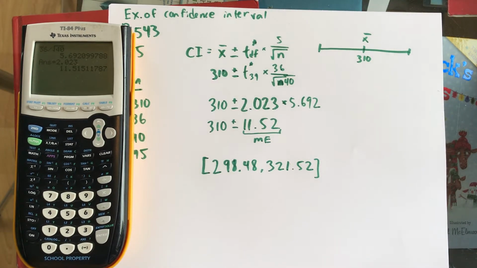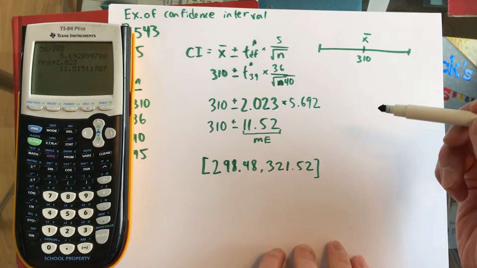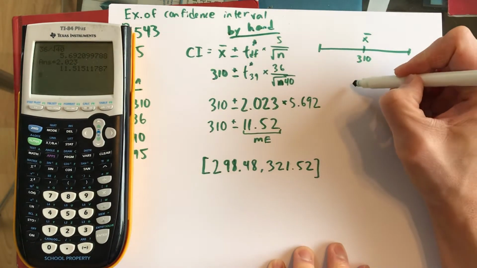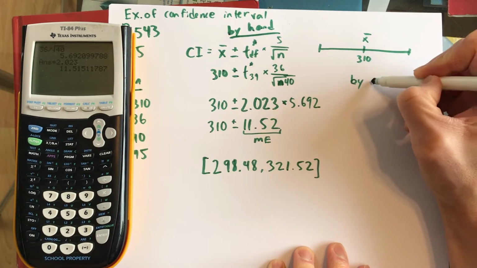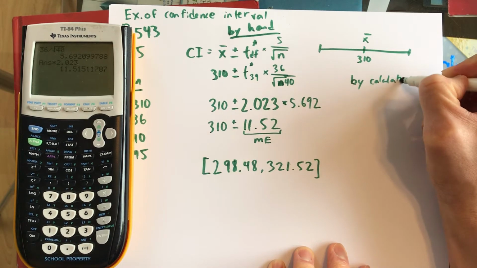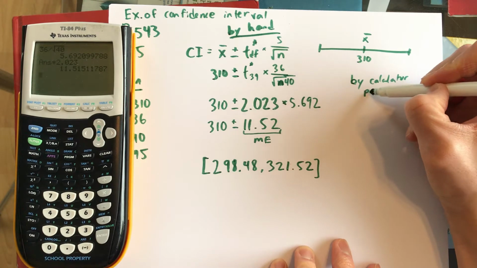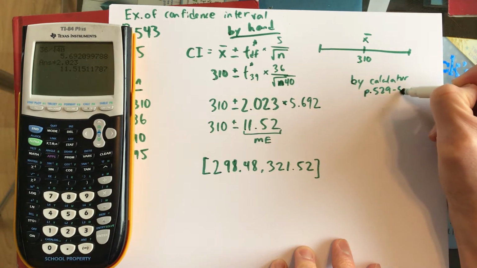Okay. So remember, this is by hand. So let's just see how to do this. So this is by hand. Let's do it by calculator. The instructions for this are on page 529 to 530.